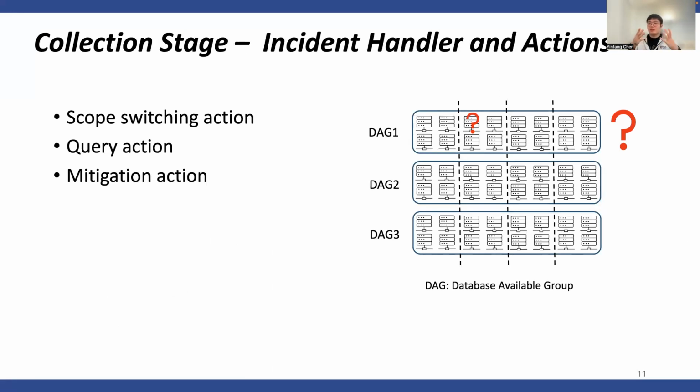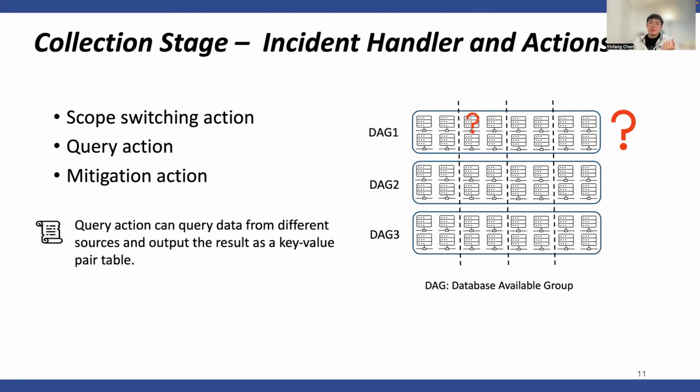At one time, you just apply your handler to a DAG, which is a database availability group, right, or a forest, or even larger. But later, when you figure out, okay, I need to narrow down my scope, I need to focus on a single machine or a smaller bunch of machines, then we need a scope switching action to narrow it down, or to make it bigger if we feel the bug may happen in other places. So that's a scope switching action.